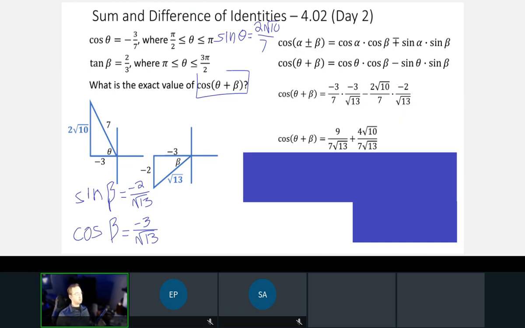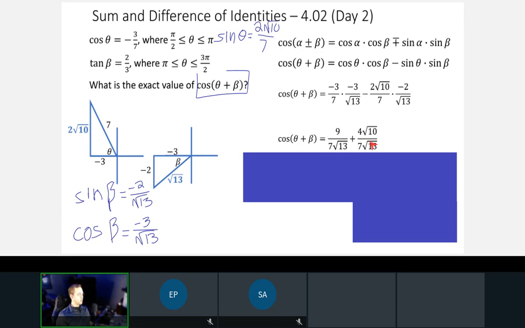So you get 9 over 7 rad 13. And then we have plus, well, that's because this is a negative. So we have negative this fraction times negative this fraction. So a negative times a negative gives us a positive. And then this times this is 4 rad 10. 7 times this is 7 rad 13.